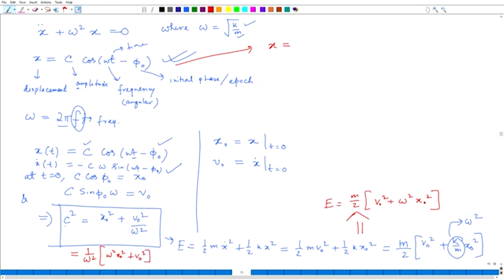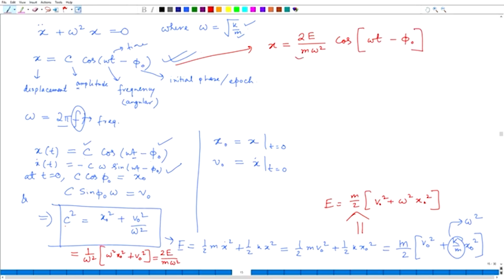Okay, and you can take this v 0 square plus omega square x 0 square to be 2E by m. So, that will be actually 2E by m omega square, right. So, finally, you will have 2E by m omega square cos omega t minus phi 0.